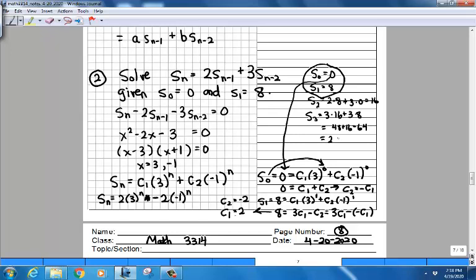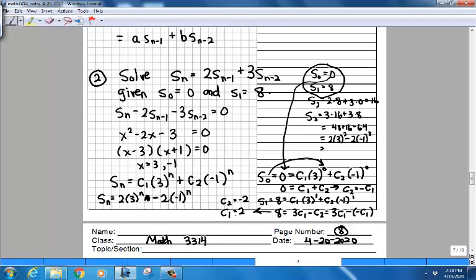Let's see, so I have 2 times 3 cubed minus 2 times minus 1 cubed.